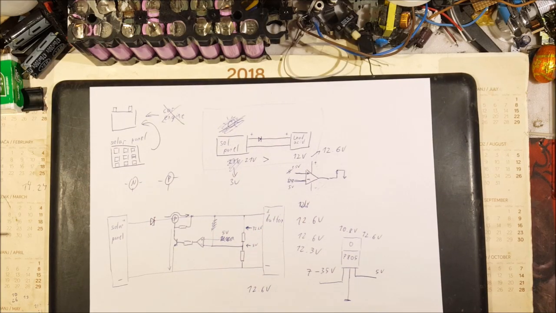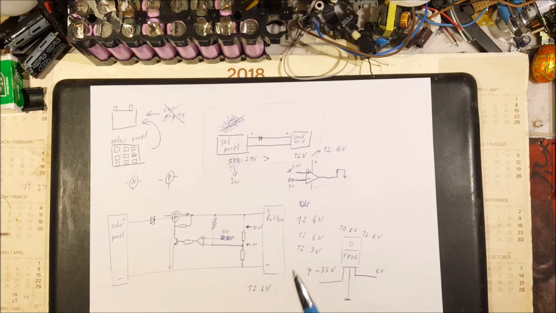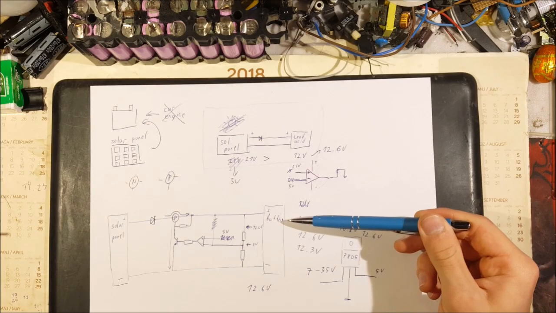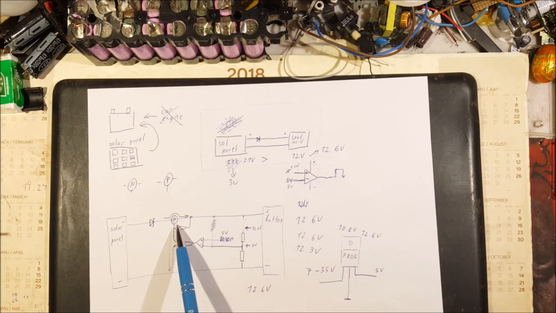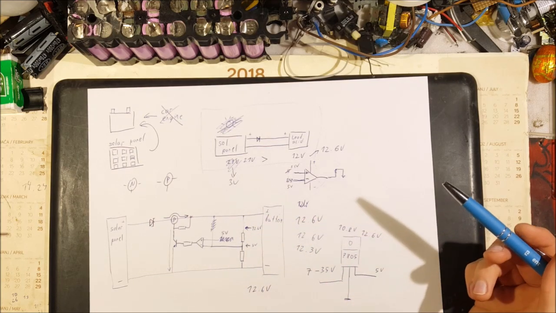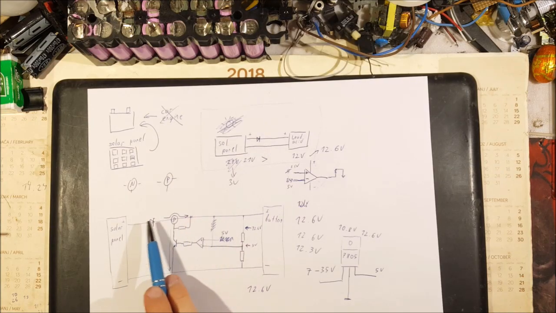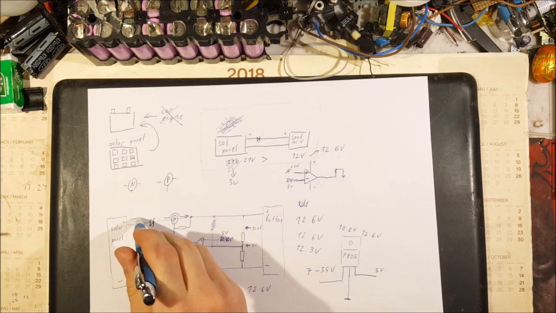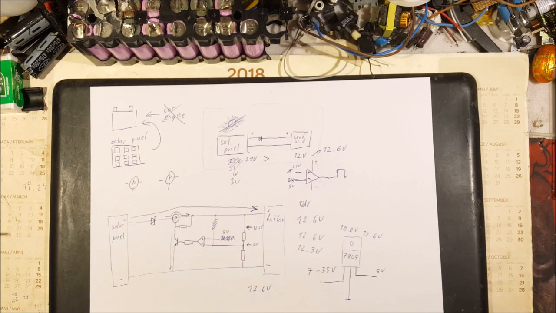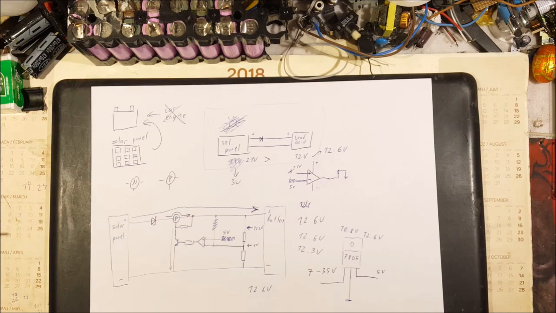Now we created a very simple logic circuitry that says that as long as the voltage on this battery is under 12.6 volts, this MOSFET will be closed. And when the battery reaches 12.6 volts, our MOSFET will open, thus stopping the current flow from the solar panel to the battery. And that's it. We basically designed our own very stupid but functional solar panel charging circuit.